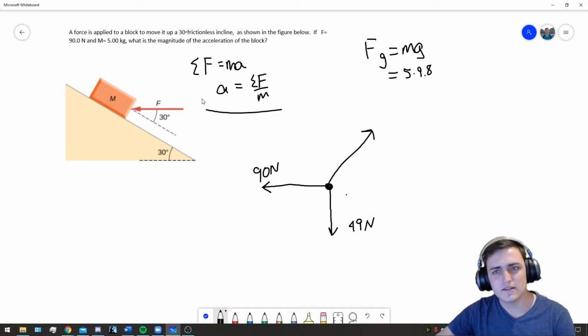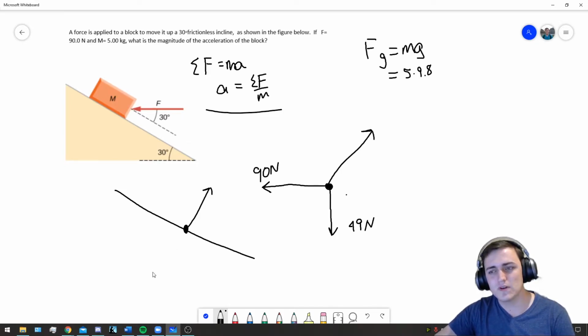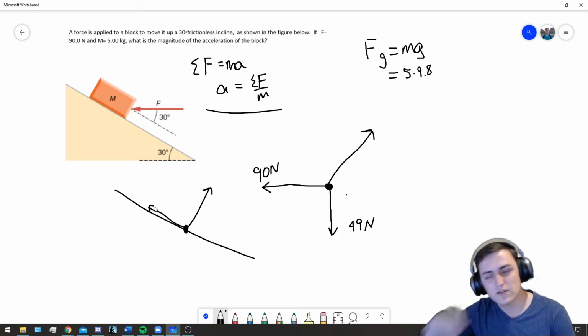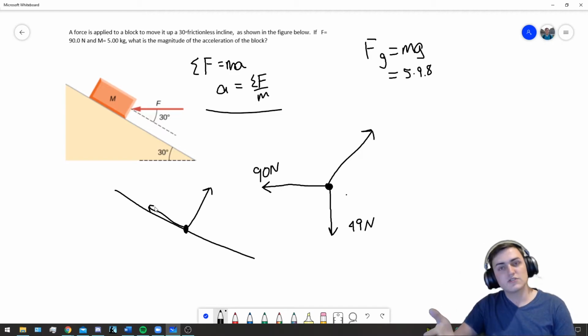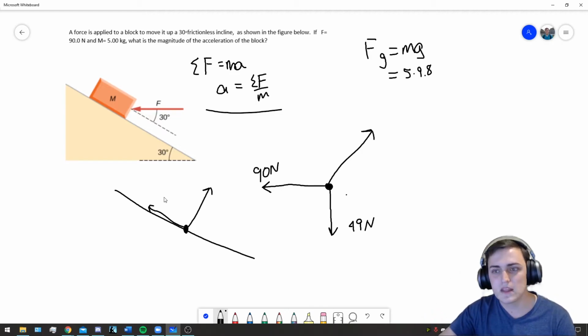Let's take a look at the idea that the normal force is perpendicular to the motion. The normal force cancels out perpendicular forces to the incline, but any force that points along the incline just sort of gets on by.